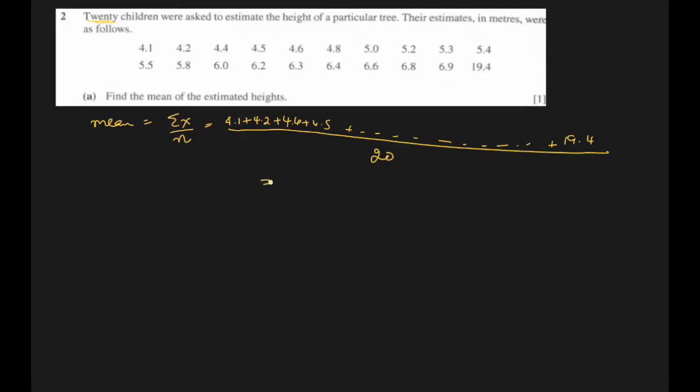So the total of all the estimated heights is 123.4. If we divide it by 20, we get 6.17 meters as the mean height. There was nothing challenging in this. The only thing that could challenge is how carefully you entered these numbers in your calculator.